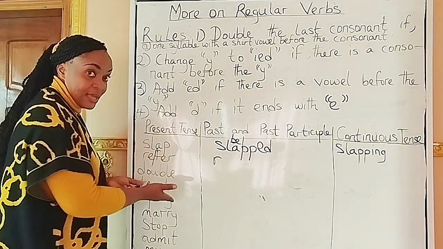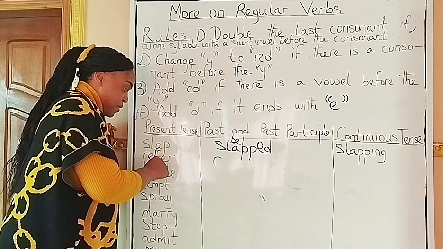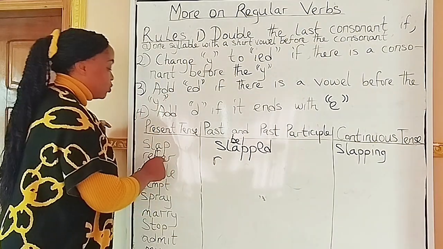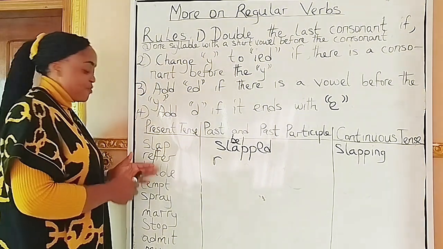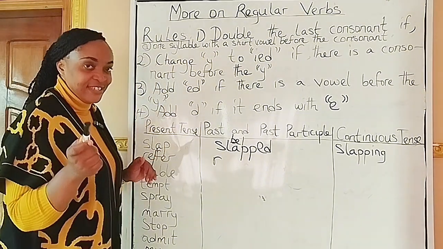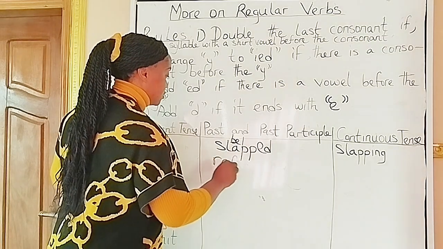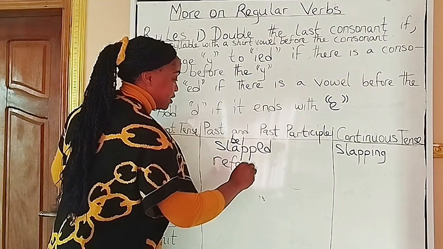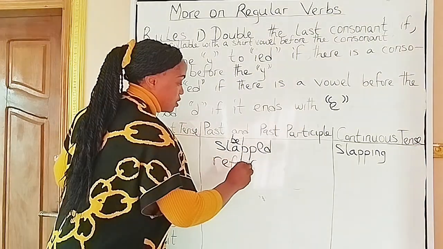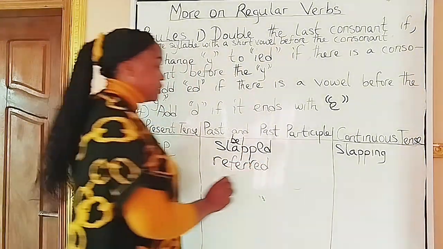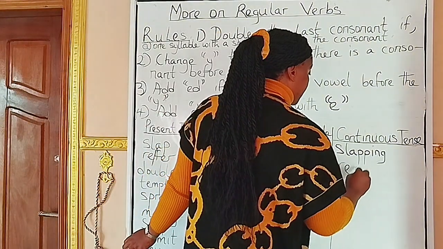So when it is like that, and you have a short vowel before the consonant, the rule says that you double the last consonant before adding ed. Does that make sense? Okay, let's do this. Referred. We add another R before we add ed. And the same thing, we say referring.